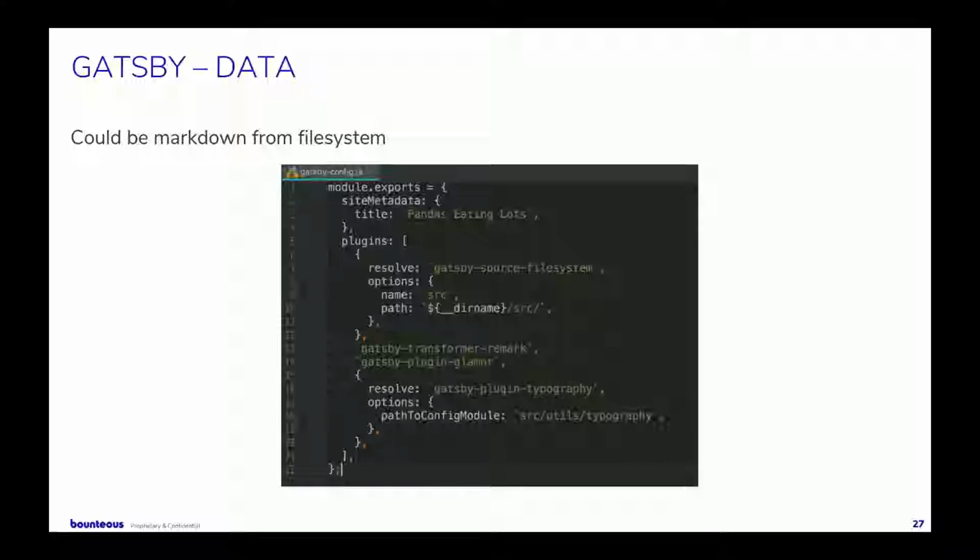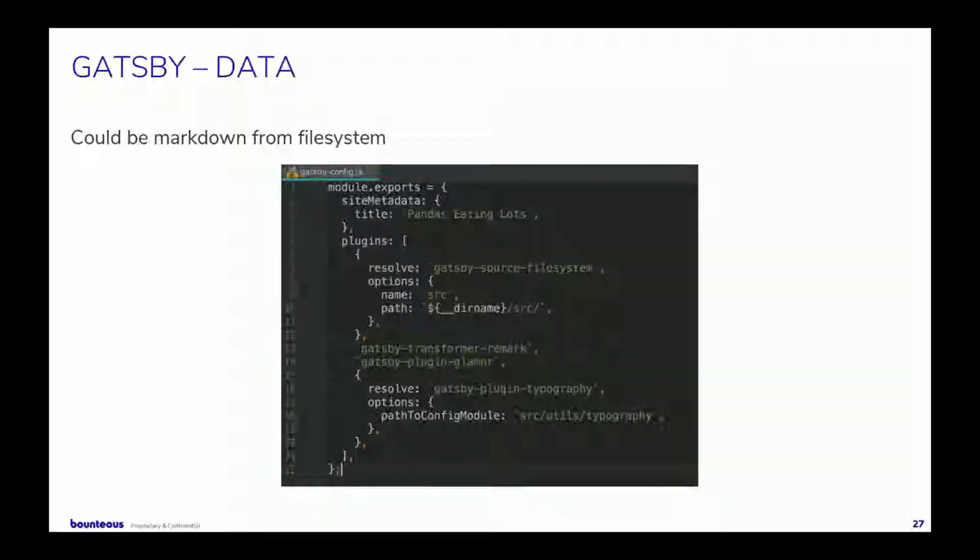Then you could also use Markdown. Markdown, again, is a really common option with a lot of these tools. So this is the gatsby-config.js file where you define your plugins, but just showing an example. The gatsby-source-filesystem plugin lets you look at files in your file system and use those as data.